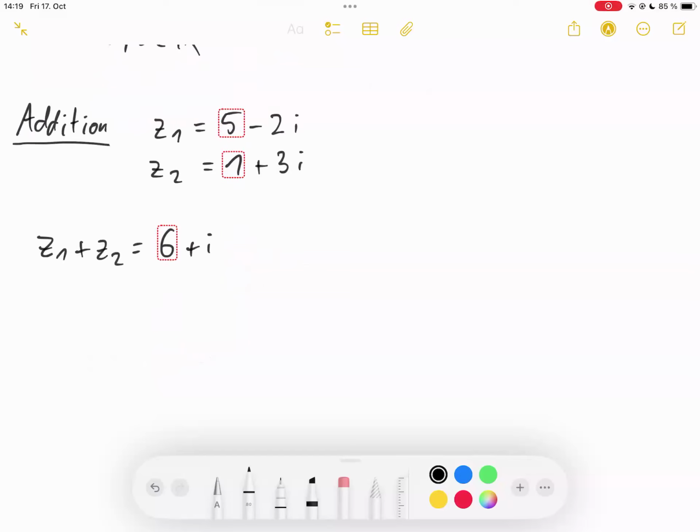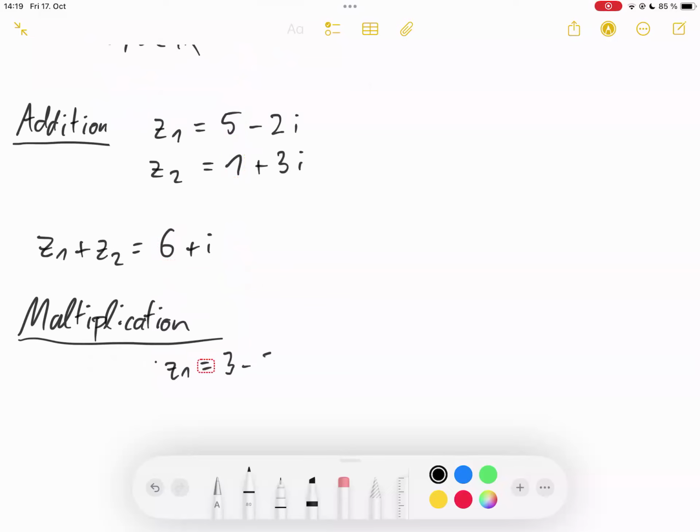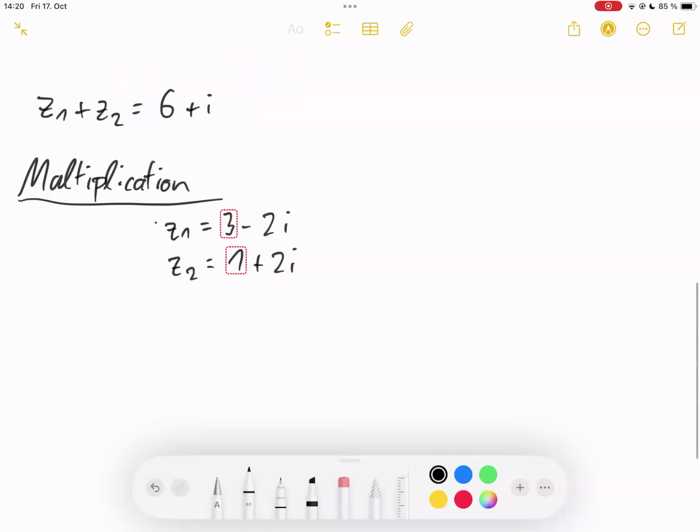So multiplication. We have z1, which is 3 minus 2i, and z2 is 1 plus 2i, and you are now tasked with multiplying them, so z1 times z2.